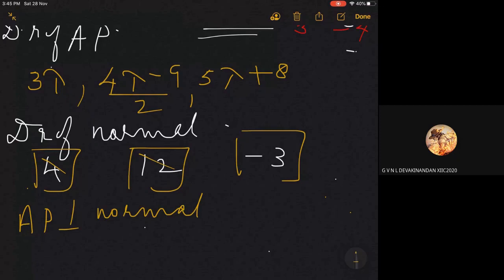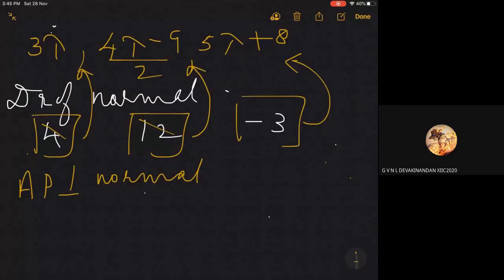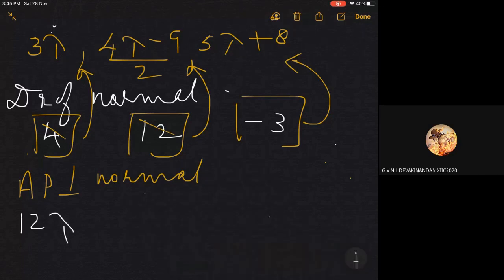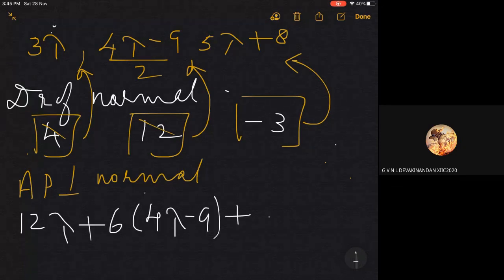Since AP is perpendicular to the normal, a1 a2 plus b1 b2 plus c1 c2 is equal to 0. So directly I am multiplying and writing 4 into 3 lambda, which is 12 lambda. Then 4 lambda minus 9 by 2 into 12: the 2 and 12 cancel, so you get 6 into 4 lambda minus 9, plus minus 3 into 5 lambda plus 8, which gives minus 15 lambda minus 24 equal to 0.